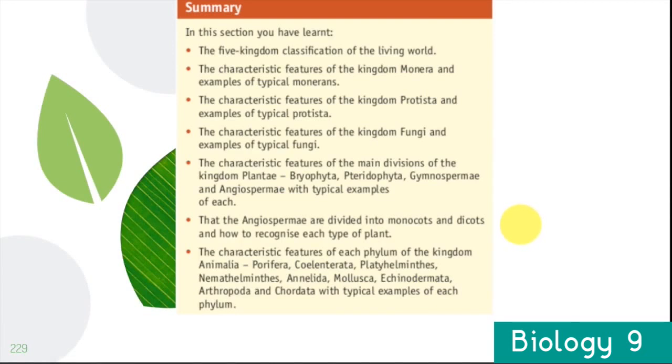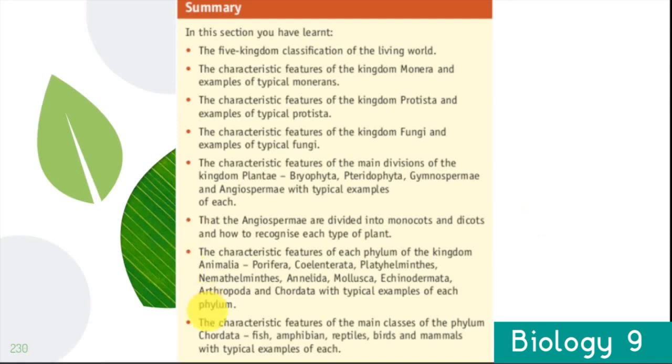What makes them stand out and are different to each other? And finally, the characteristic features of the main classes of the phyla of fish, amphibians, reptiles, birds, and mammals, and once again explain why they are unique and a few examples. Excellent work.